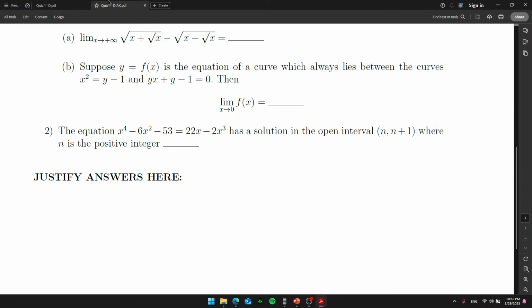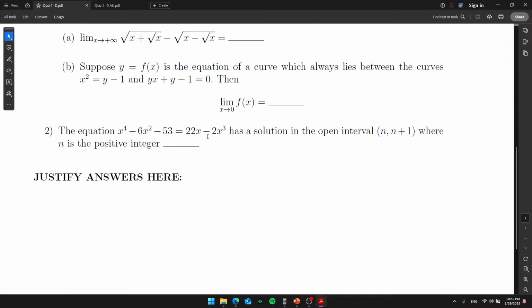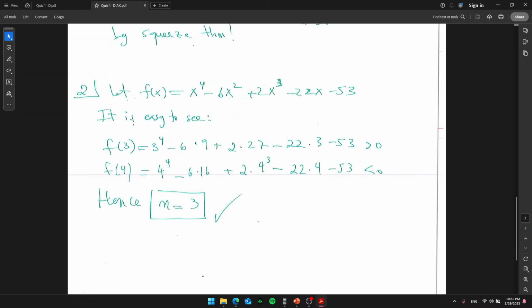Oh, find m. Where's m? Oh, this is an n? So n is equal to 3.